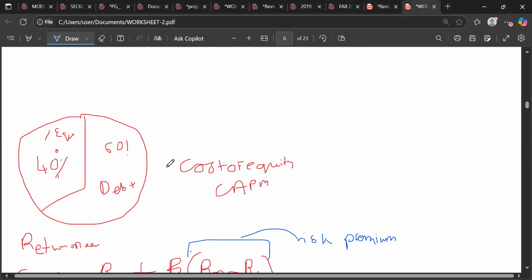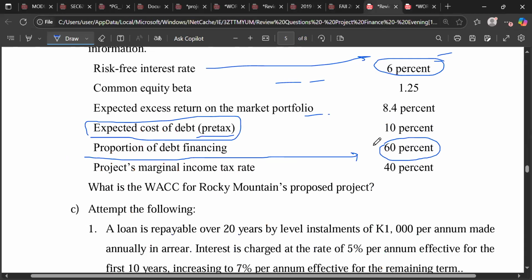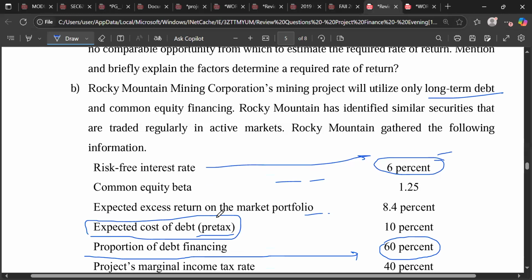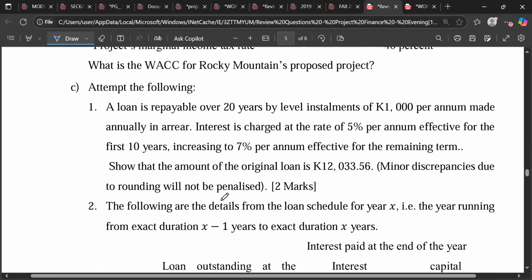If our debt is 60%, the remaining part of the proportion is 40%, which signifies equity, because the question tells us that we're combining both long-term debt and equity. I've got it, lovely.